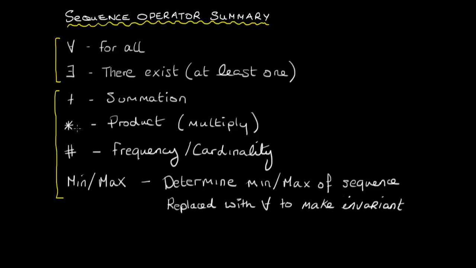Now, when you look at these operators, what's important to remember is how they behave over an empty range or for initialization. So what we're really interested in, from an initialization point of view, is how do they behave?